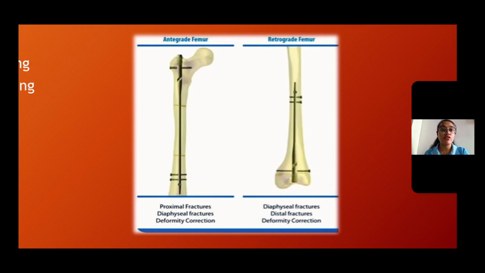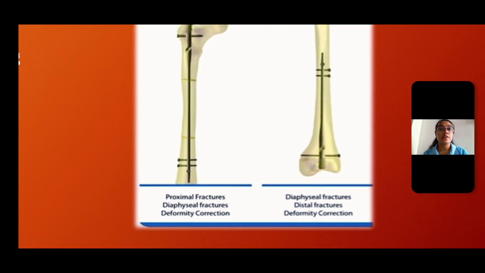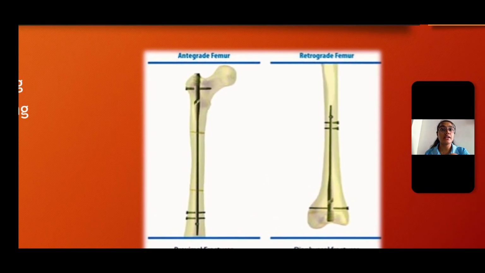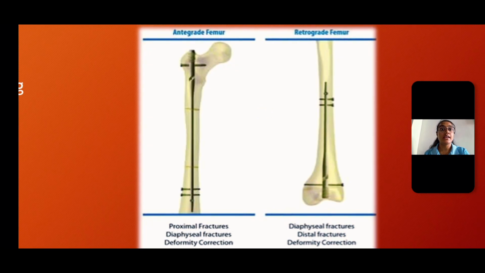It corrects the deformity of the femur fracture. Antegrade nailing is performed in the proximal femur and retrograde nailing is performed in the distal femur.